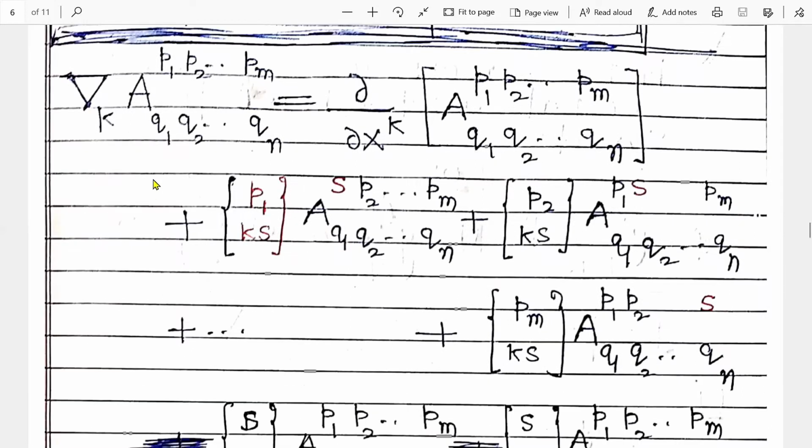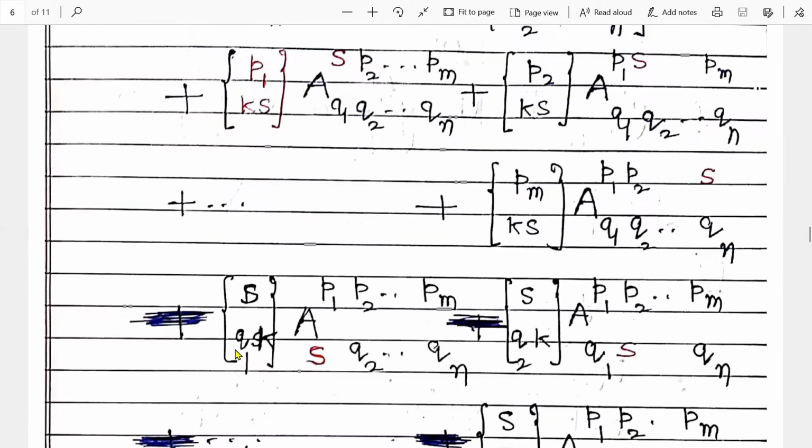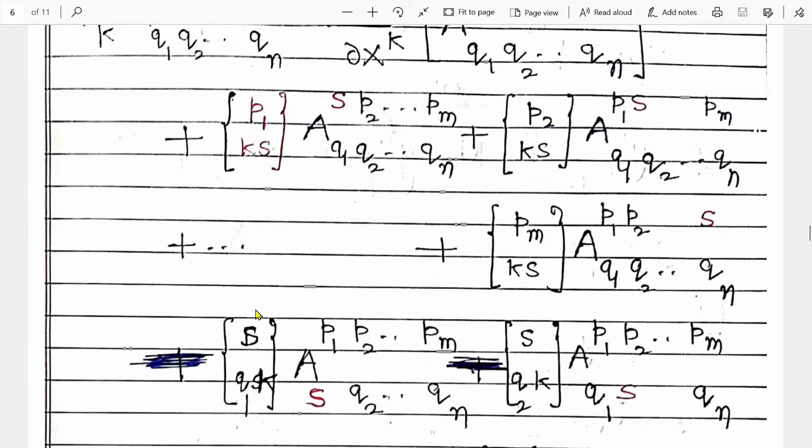Now in covariant, K and Q at lower part. So write Q1 and K at lower part. So introduce S in the upper part, right? Now A, this is P1, P2 and PM, that is the same because we are now differentiating with the covariant tensor.